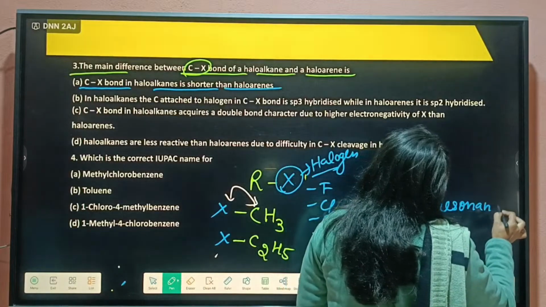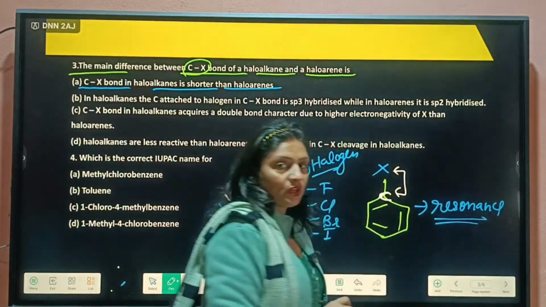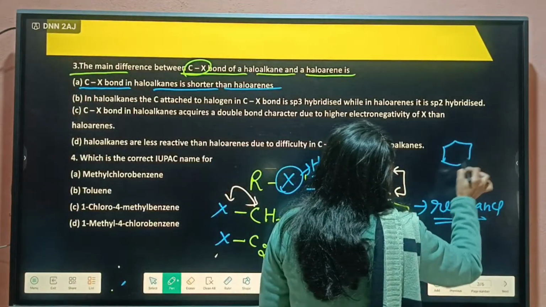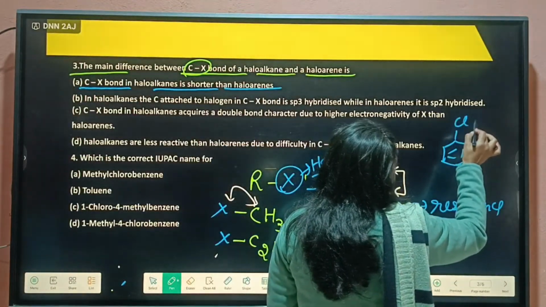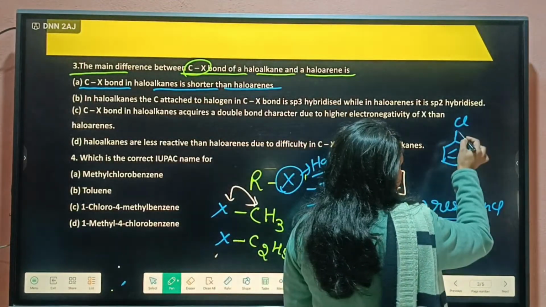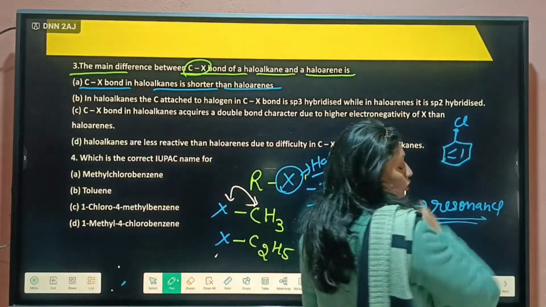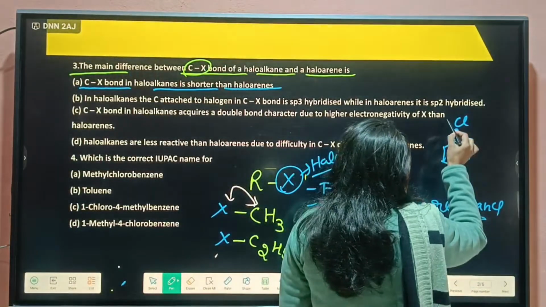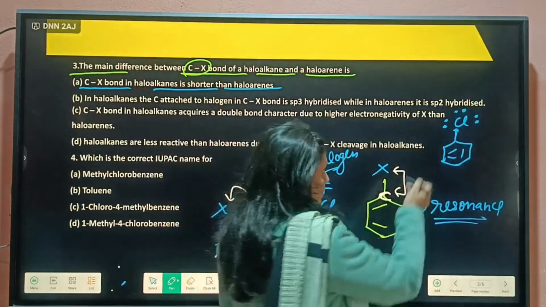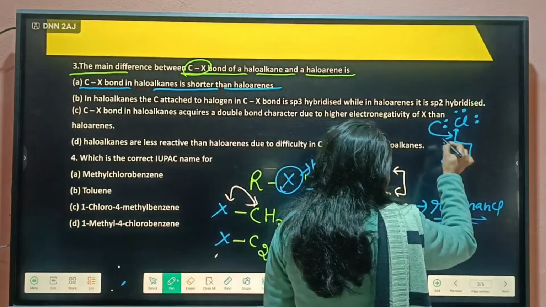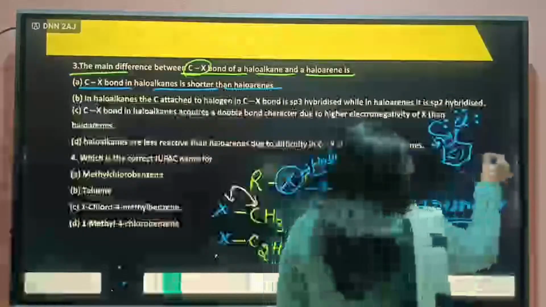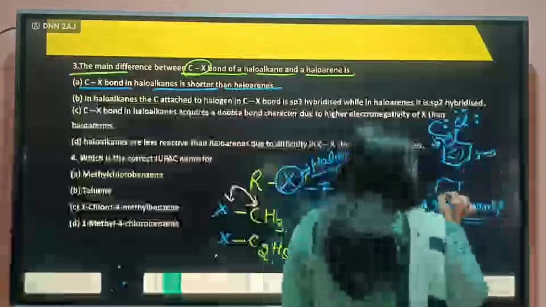And if they show resonance, then like this, if I talk about chlorine, here chlorine has 7 valence electrons. 1 electron is consumed in bond formation with this carbon, so 6 are available here. Then students, delocalization can take place here. During delocalization, what will happen?